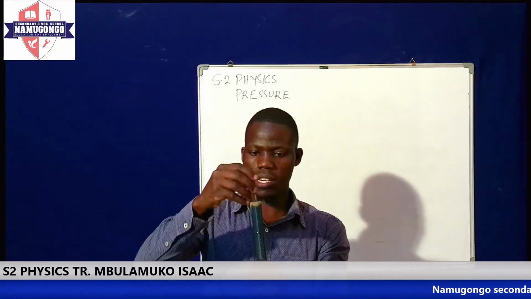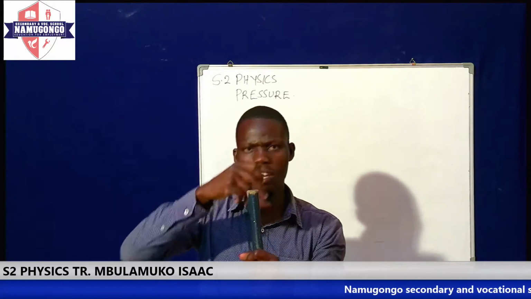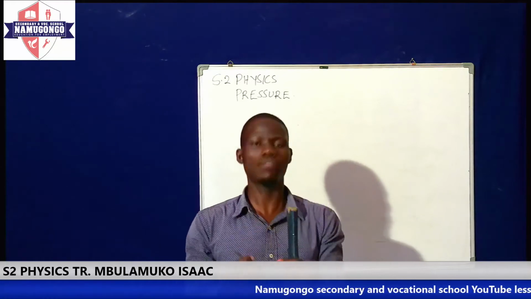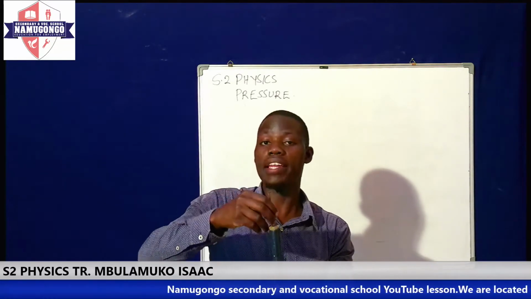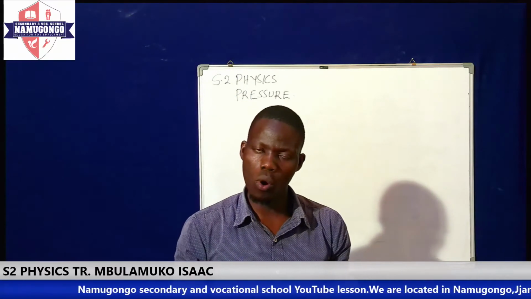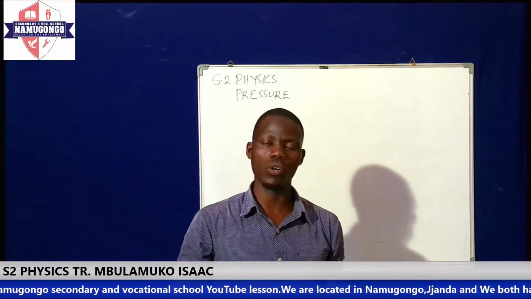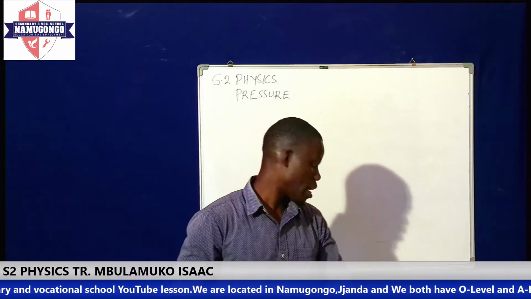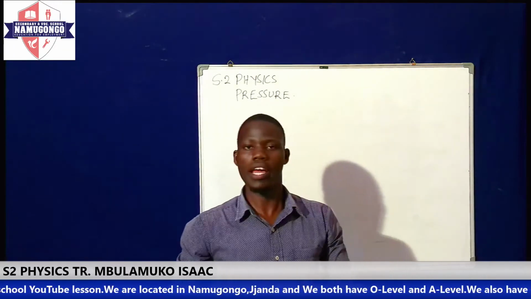So when this nail exerts that force onto this given surface, that is what we are terming as pressure. And we have some small technicalities where we say that it should be applied normally. What we call normally is at right angles, or in math you say at 90 degrees. So that's what we call normally in physics. That is how I can explain pressure in simple terms for a layman.